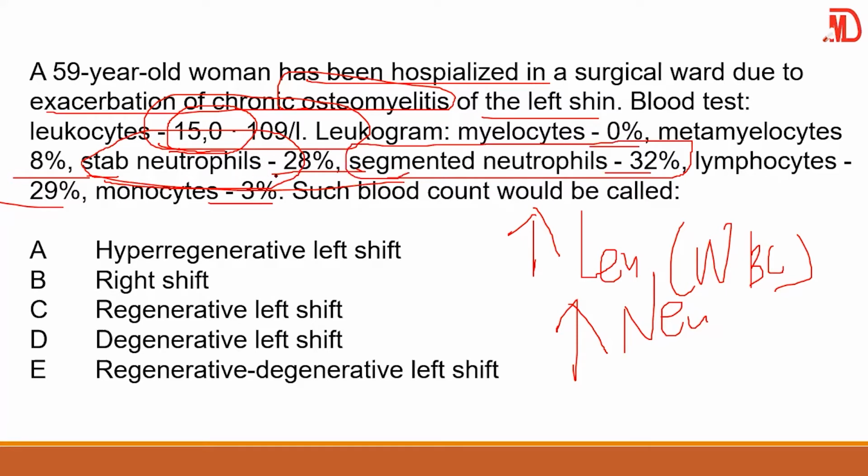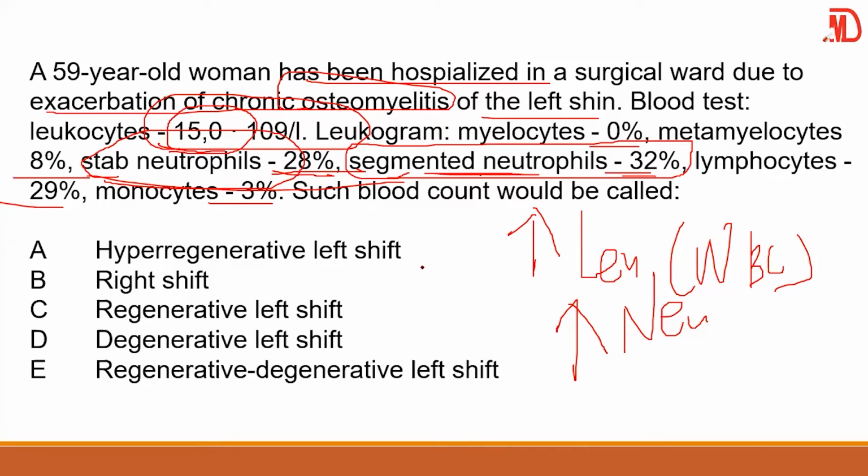So we have a lot of neutrophils that are immature, which is 28%. Then mature is 32%. Now we said in degenerative, the stab neutrophils should be excessively more than the segmented or the matured ones. In this case, what type of generation do we have? Is it regenerative or degenerative? Who can tell me? Regenerative.